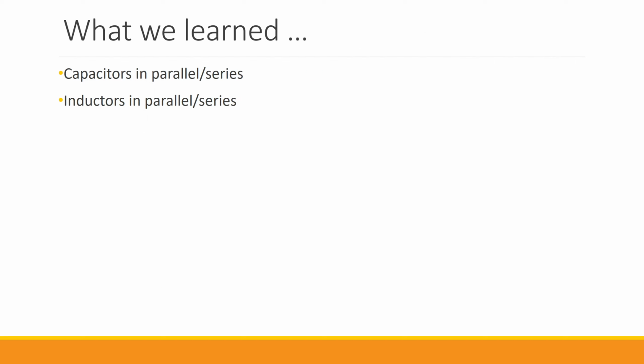So in this video, you learned how capacitors and inductors in parallel and series can be used to derive equivalent circuits. We saw that inductors behave similarly to resistors, and capacitors behave similarly to conductors.